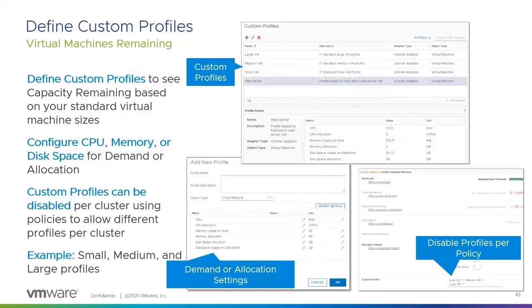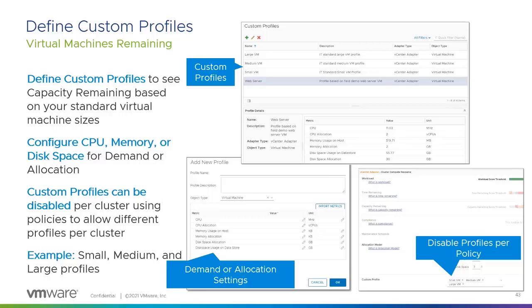And I mentioned the custom profiles. These are the profiles that you can define, and this is basically how the system will calculate the VMs remaining and the VM shortfall. You can go in and define your virtual machines. Like if you have small, medium, large T-shirt sizes, you can define those.